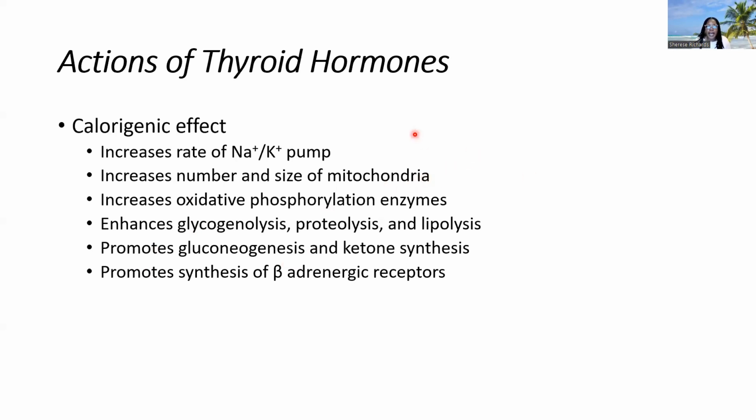All right. And then the last one is promoting synthesis of beta-adrenergic receptors. And just thinking back to what we said in the autonomic nervous system, beta-adrenergic receptors are responsible for basically the sympathetic division signaling, right? The sympathetic nervous system and signaling there. So it's going to basically increase our fight or flight response, increase things like heart rate, respiratory rate, and that sort of thing.